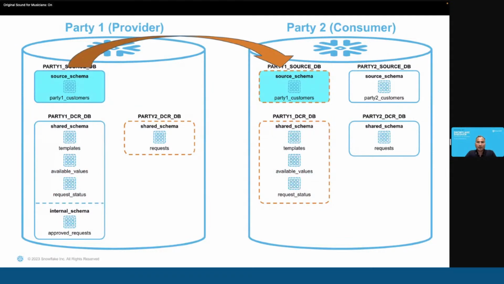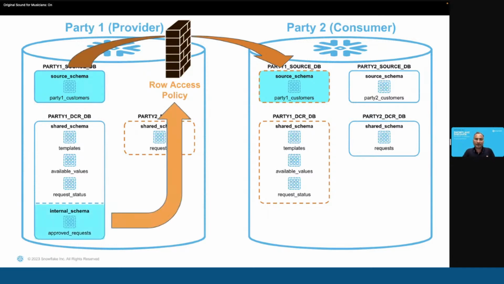Now, as a consumer, I requested certain attributes, which we assume have been approved by the provider because they match the template. All those values and attributes are within the available values. So now the real execution will start. And while doing this, my row access policy works based on my approved query template.